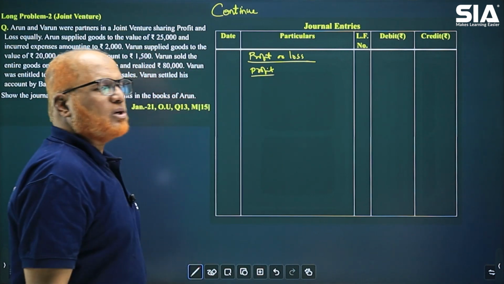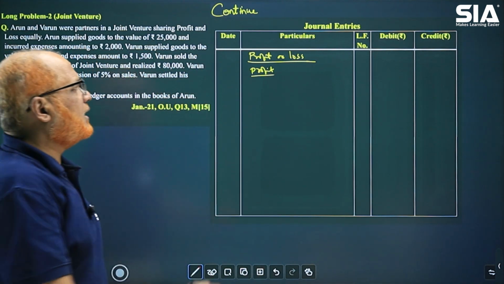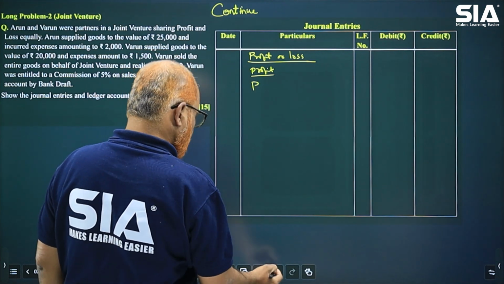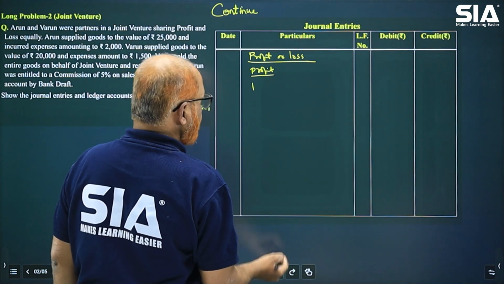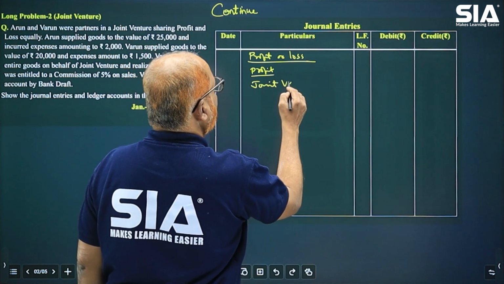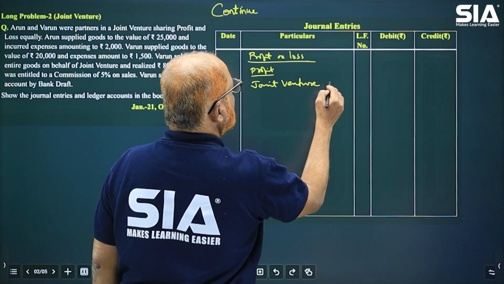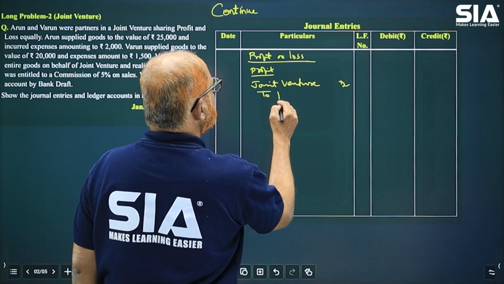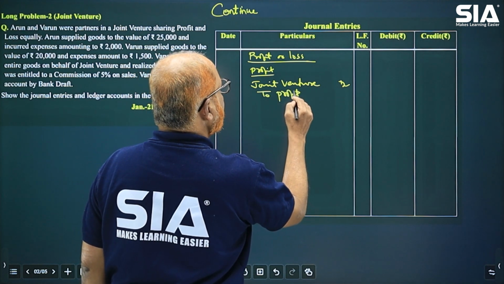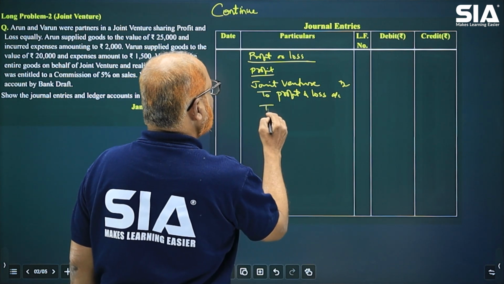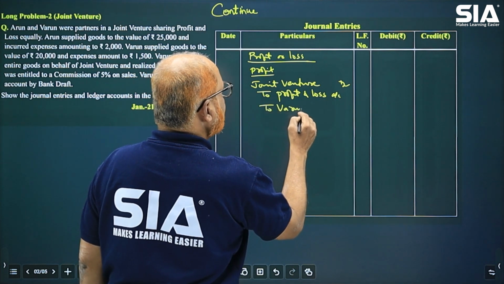So entry in the books of Arun is joint venture account debit, to profit and loss account, to Varun's account.